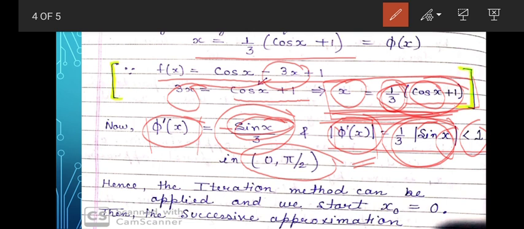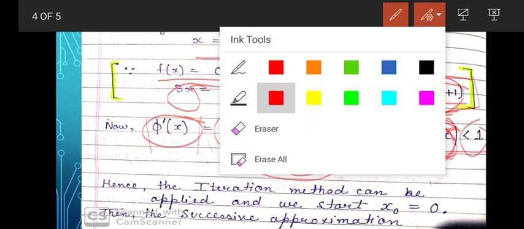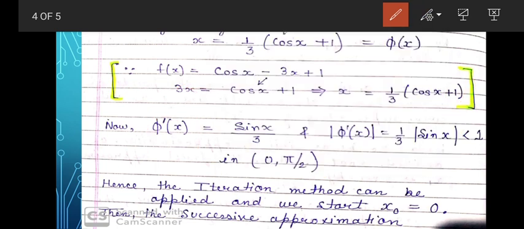If you put 45 degrees, that is pi by 4, you will get 1 by root 2, and 1 by 3 multiplied by 1 by root 2 is less than 1. So for all values from 0 to pi by 2 we are getting less than 1 only.